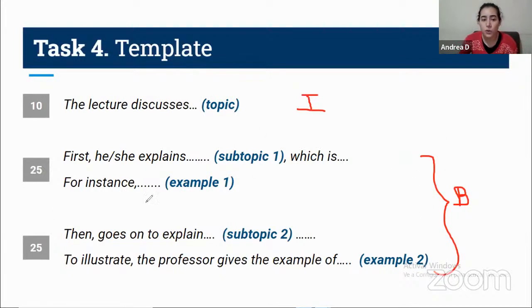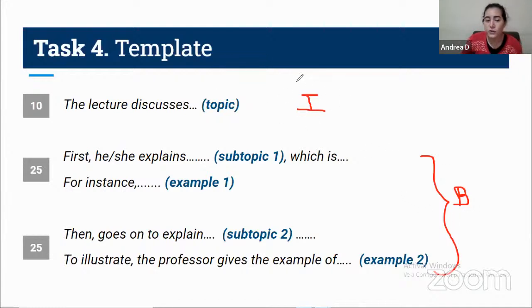As you can see, there's no conclusion because we don't need one, and most of the time we won't have time for a conclusion, but we'll talk about this later. In case you have extra time, you can always add a conclusion, but that's only in case you have extra time. For now, this is what we're going to do, an introduction and the body.